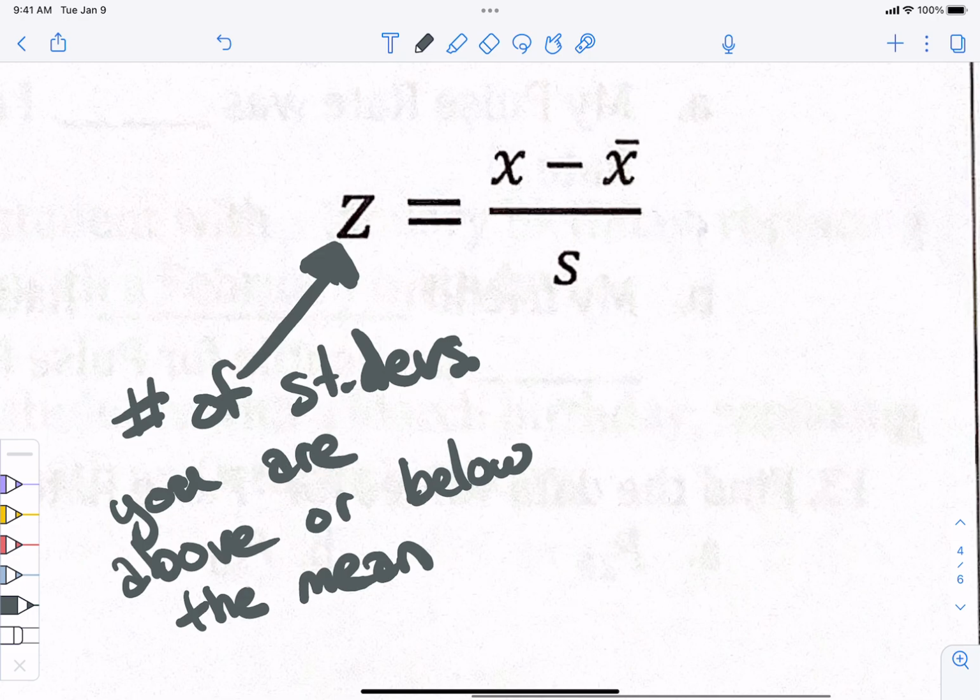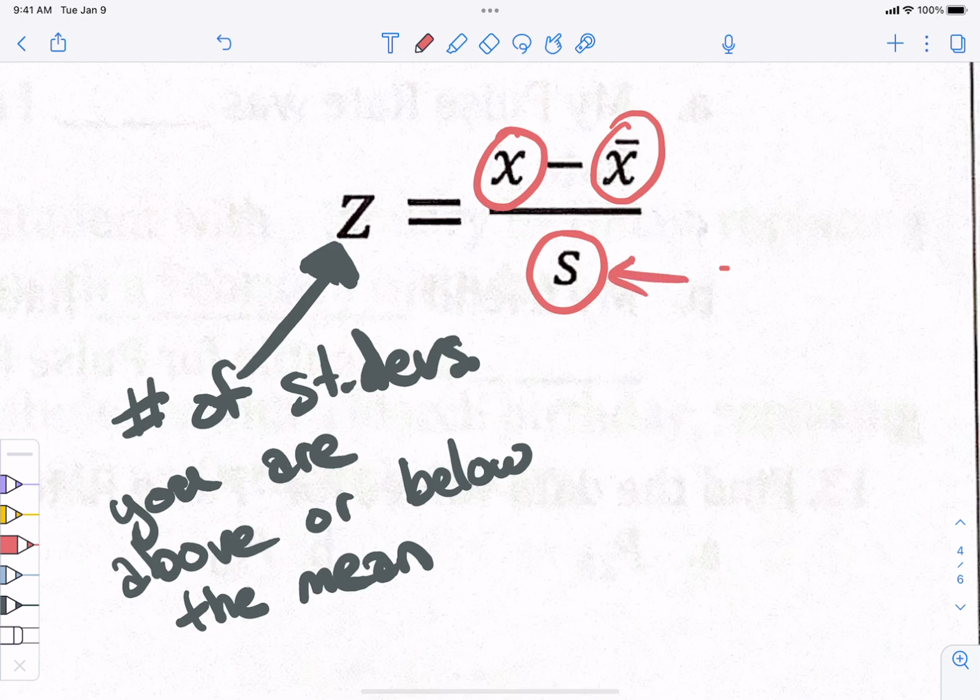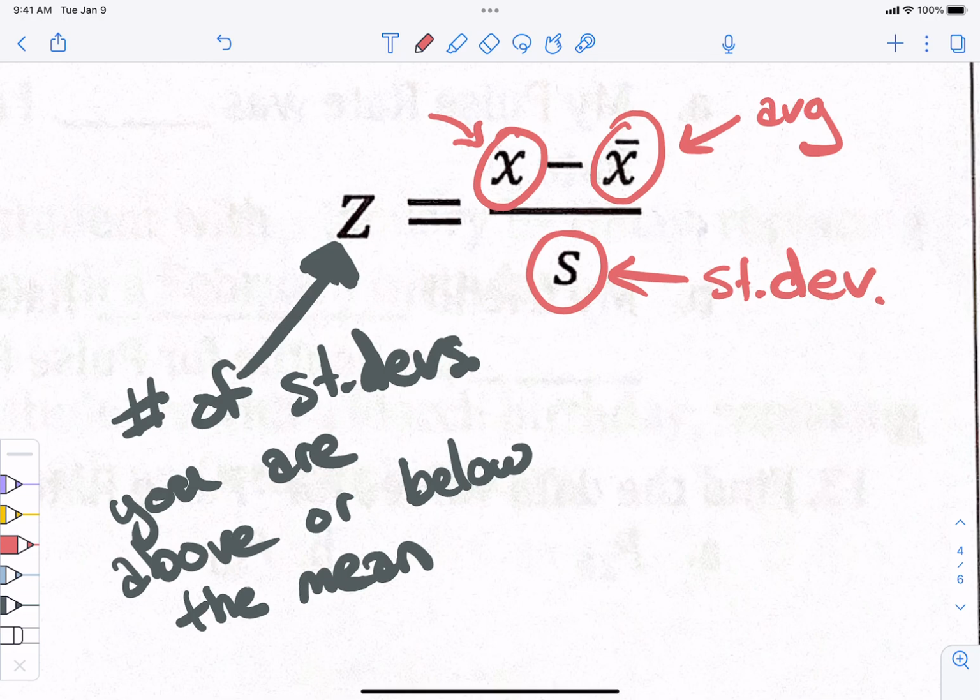Okay? So this is the formula for calculating the z-score. You've got 3 variables. S is standard deviation. X bar is average or mean. What's X? What is X? Let me know.